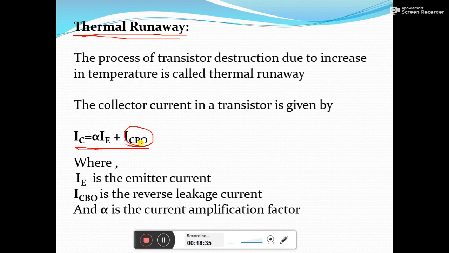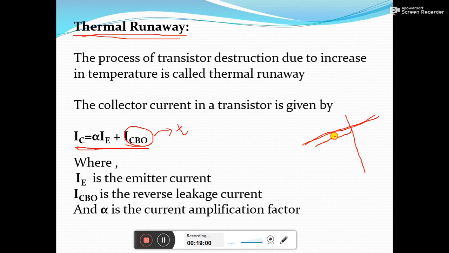As we discussed in the first chapter, among these factors, the ICBO, that is the reverse saturation current, is temperature dependent. So what is this reverse saturation current? Whenever we operate a diode or semiconductor in reverse bias, initially a small current will flow.